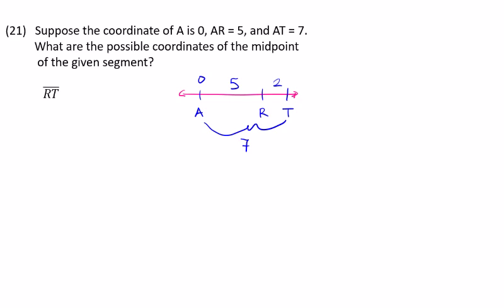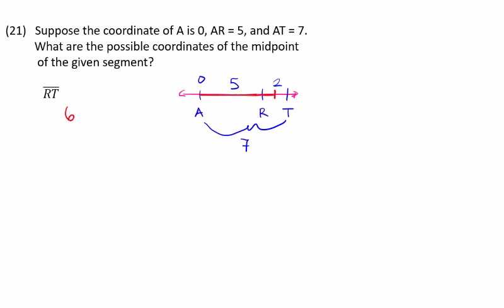That's the logic some people might use. So one possibility, if we did use that logic, then the midpoint would be right in between here, right? So that'd be 1 unit. So we'd go 5 units from 0, and then another unit. So one possible coordinate would be 6, right?